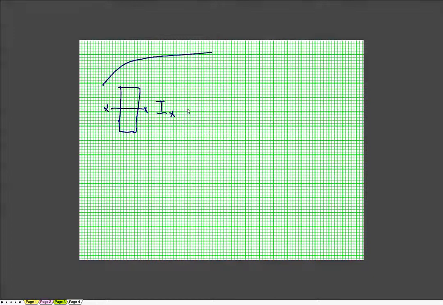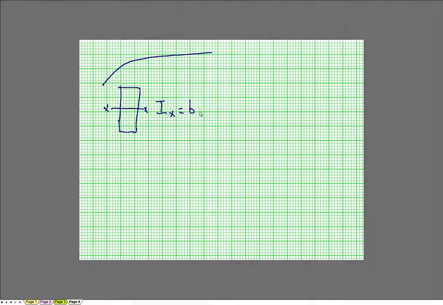There's actually an equation for a rectangle, and all the equations for the area or for a moment of inertia are in the back of your book. For this shape, I about the x-axis going through the centroid is equal to base times height cubed over 12.